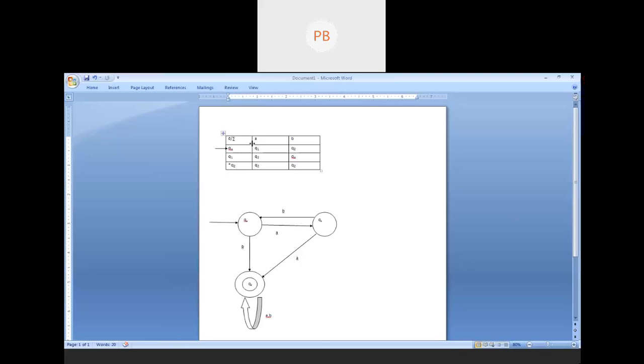A transition table is a conventional tabular representation of a function like delta that takes two arguments and returns a state.